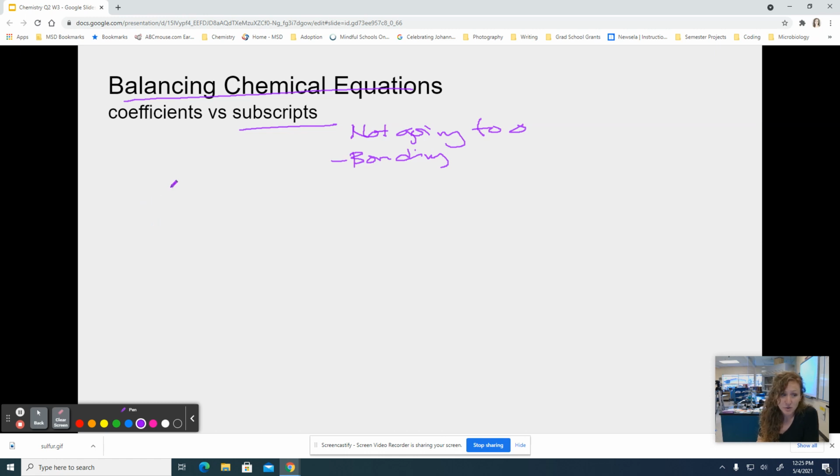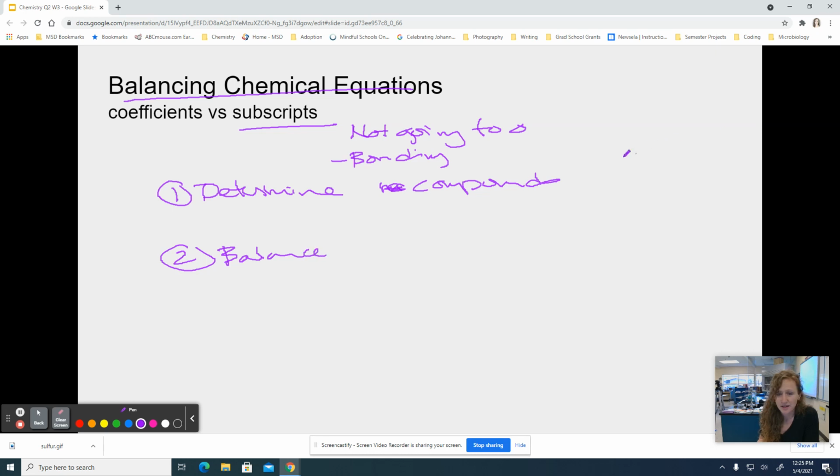The very first thing we do when we're writing a chemical equation is we determine molecules or compounds. We have to determine what the reactants and products are. After we determine what the reactant and product compounds are, then we balance them.